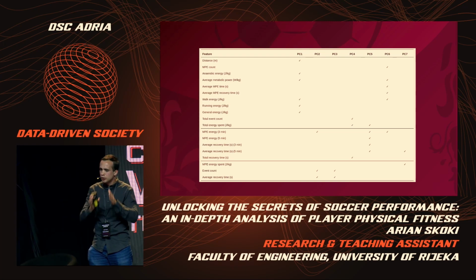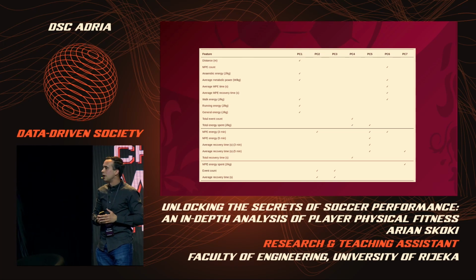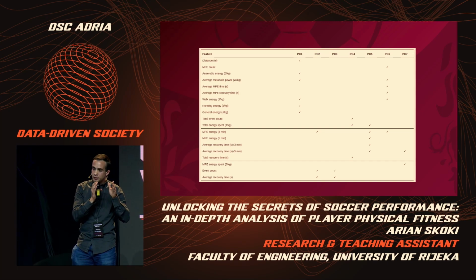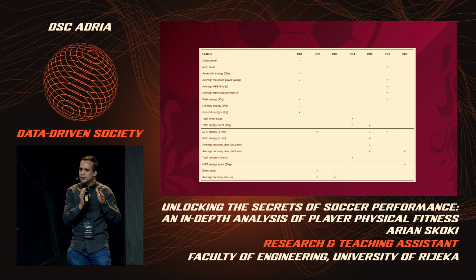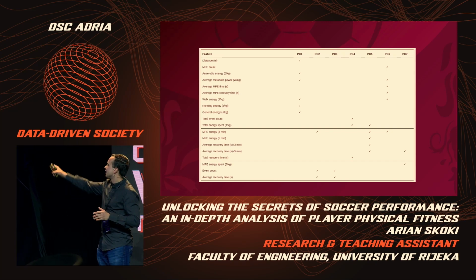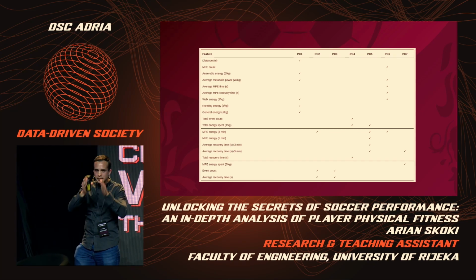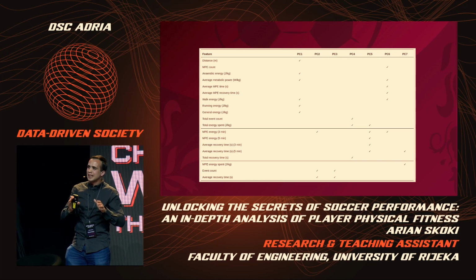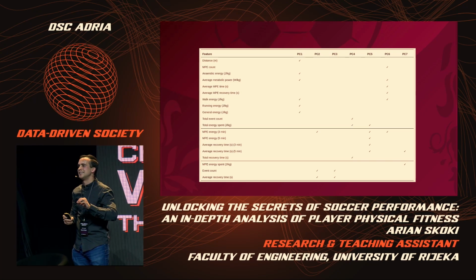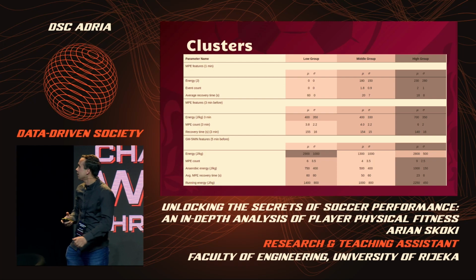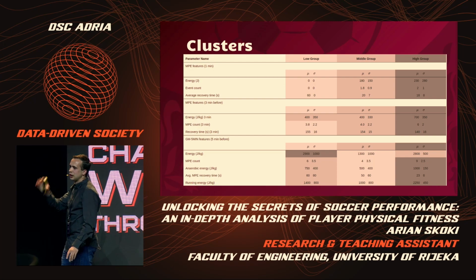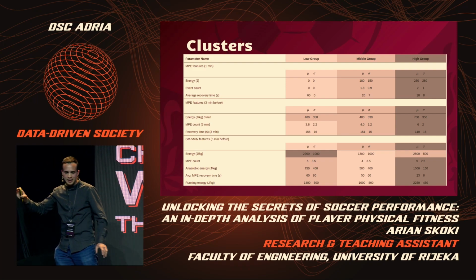We can't just conclude on the basis of this 1-minute period. Then we have a 3-minute period before this 1-minute period, but we only concentrate on high-intensity actions. And finally, at the end, we have the 1-minute period that we are observing, and we want to only have a look at these high-intensity actions. At the end, when we do this clustering, we get low, middle, and high intensity clusters.